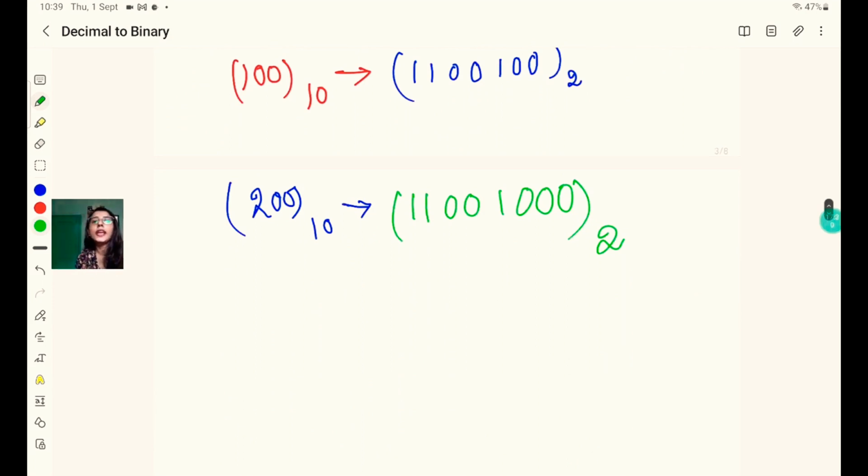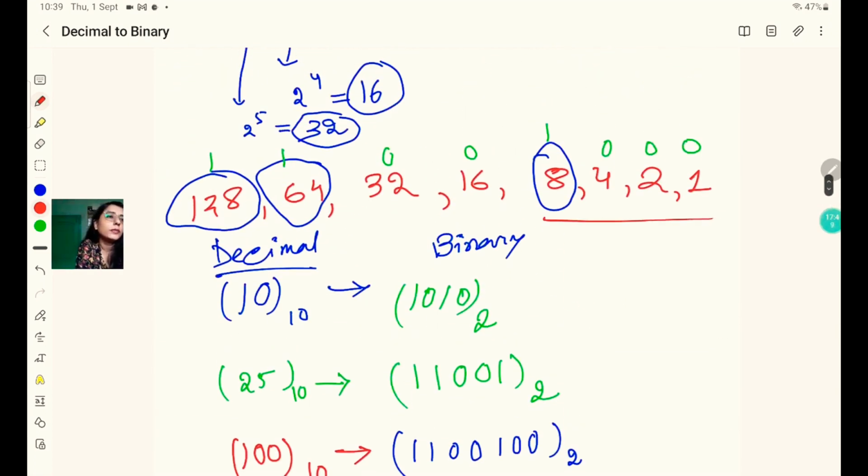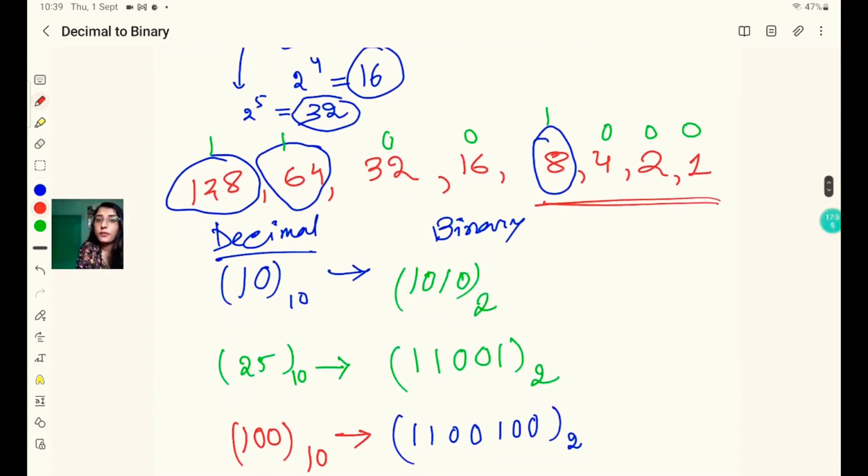And if the number is not in 16, if the number is within 15, we can construct it only by these 4 numbers, 8 4 2 1, by adding the whole of them, that is 8 plus 4 plus 2 plus 1 makes 15, right?